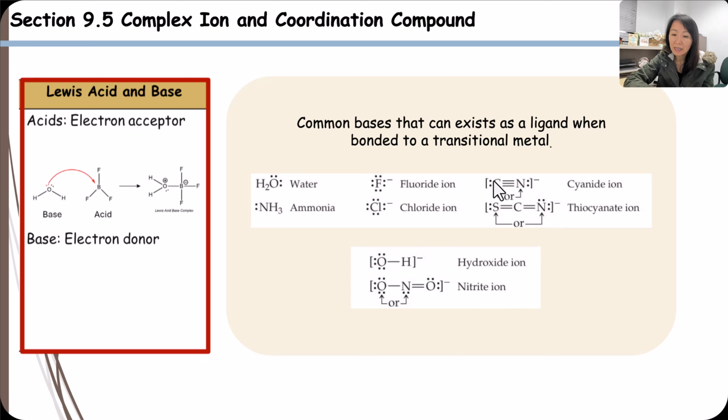It means that the lone pair can be donated from the carbon or the nitrogen, so it depends on which one ends up donating to the acid. So these are all potential ligands, and this is also located in your reference sheet.